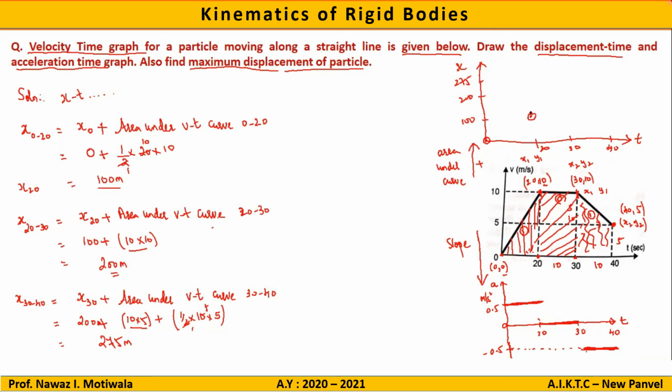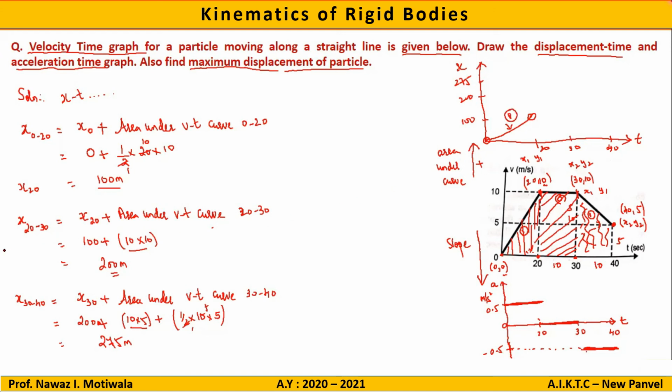Now I want to join these 2 points. Now how to join? We have the concept that if the degree of the curve in the VT is 1, that is an inclined line, the degree of the curve in the xt will be increasing. That means it will be a second degree curve, or I can say it will be a parabola. So I will join these 2 points by a parabolic curve. So I will write, it is a parabola.